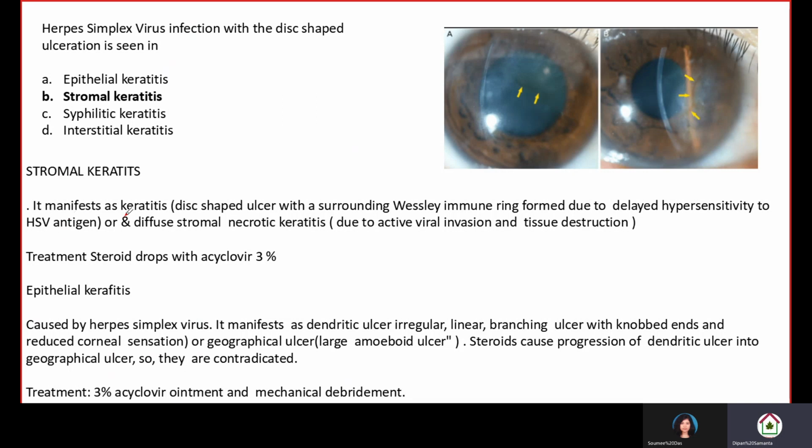Stromal keratitis manifests as keratitis with a disc-shaped ulcer with a surrounding Wessely immune ring, or diffuse stromal necrotic keratitis due to active viral invasion and tissue destruction. The Wessely immune ring is formed due to delayed hypersensitivity reaction to which antigen?